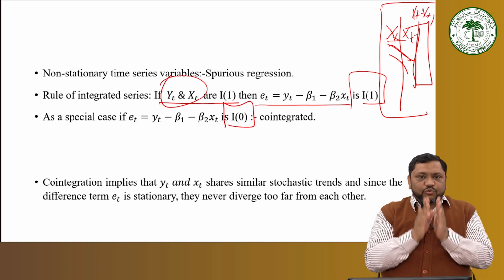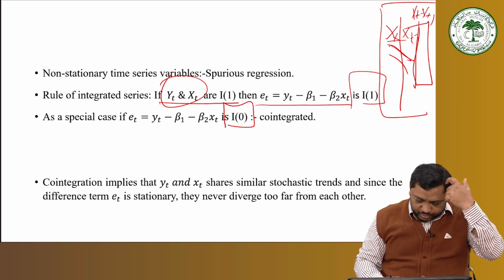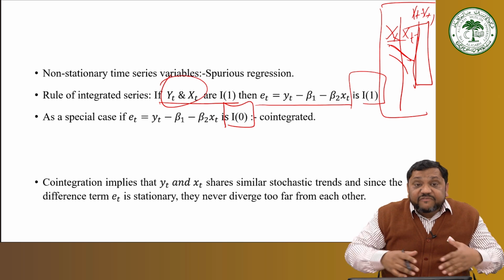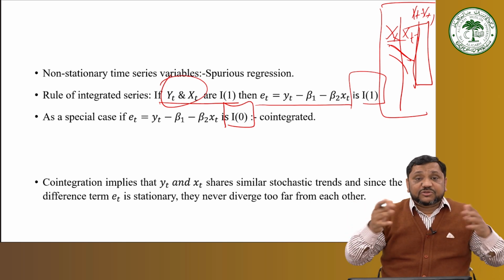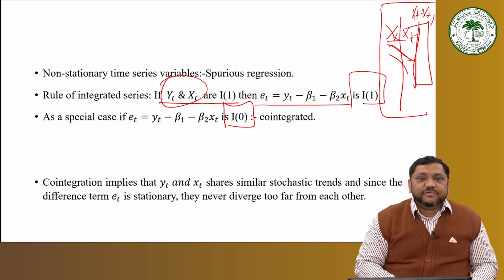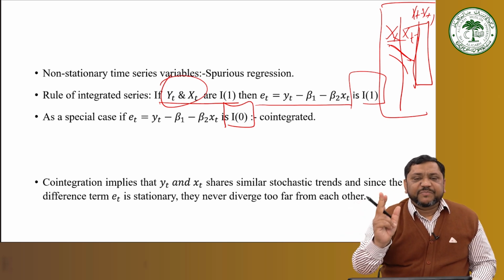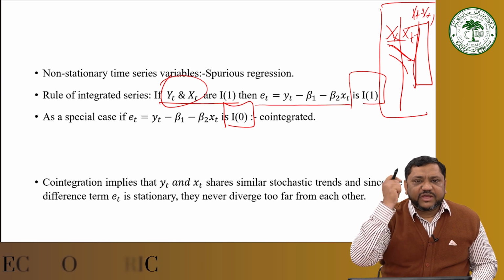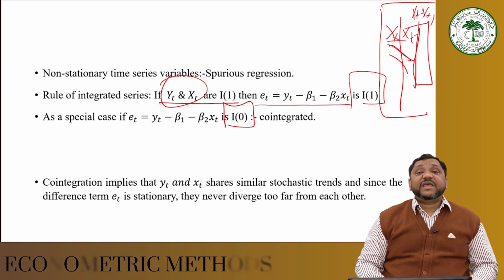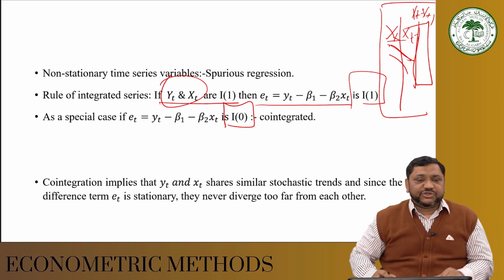That is the beauty of cointegration. Even if two series are non-stationary, if a linear combination of them is stationary, we can do meaningful interpretation out of it, and we can say that these two series have a long run relationship.